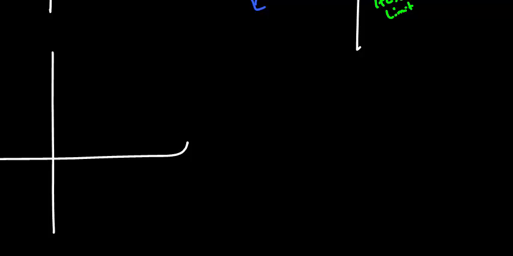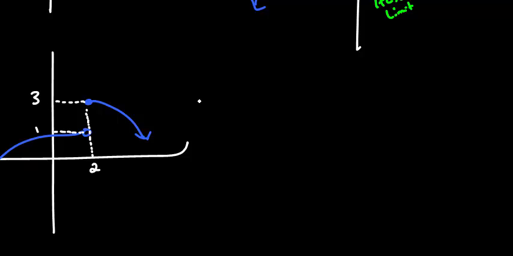Let's say our function looks something like this. And let's say this is at a value of 2. This is at a value of 1. And this is at a value of 3.